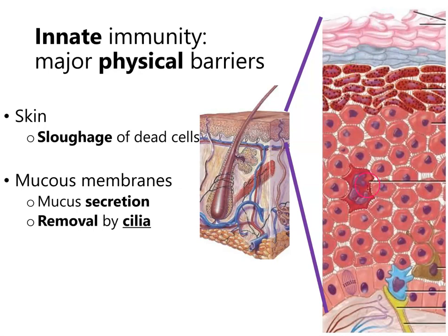And as they mature and become keratinized, eventually they fall off and take with them anything that has landed on our skin. So if we touch something dirty with lots of scary bacteria on it, eventually that skin will just fall off and those scary bacteria will fall off with it.